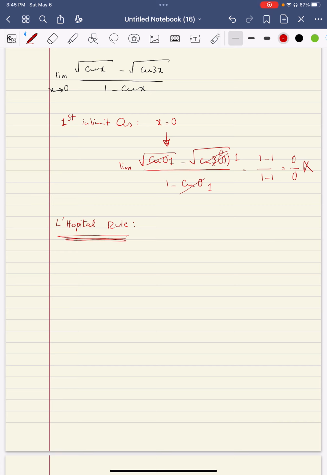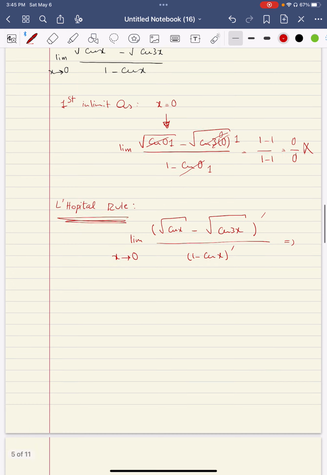You can take a look at the very first limit question that I solved in my videos, in my channel, and you can find out what the L'Hopital rule is exactly saying. So we have to find the derivative of the numerator over the derivative of the denominator, x approaching 0.